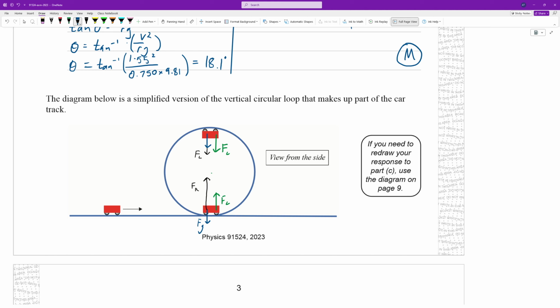So at the bottom of the loop, it's acting upwards. At the top of the loop, it's acting downwards. To ensure that, what changes is the reaction force. At the bottom, reaction force is very large, whereas at the top, it can be very small, depending on your speed. And so you feel heavy at the bottom due to the reaction force being large. You feel light at the top due to the reaction force being small.